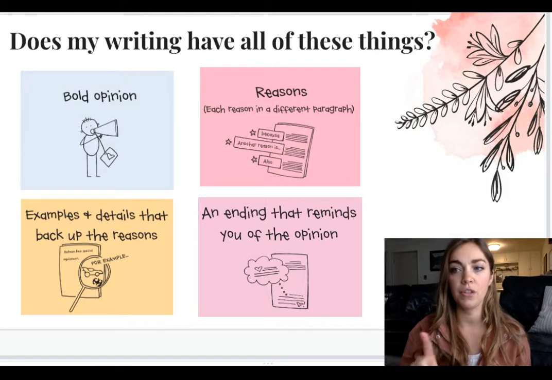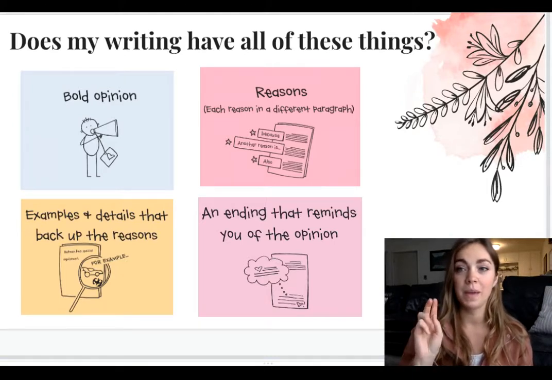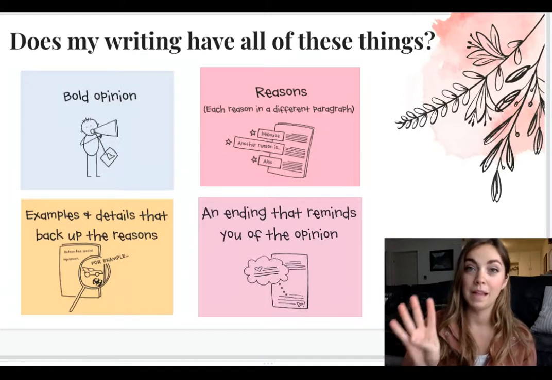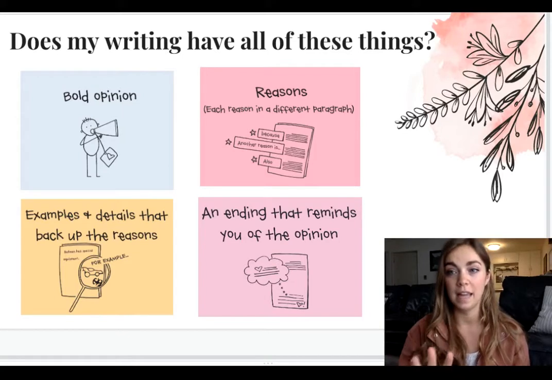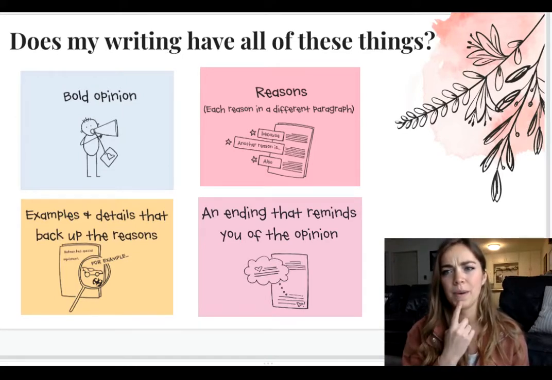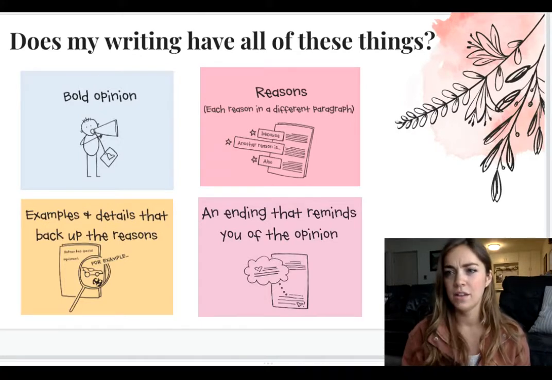We know that the author gives reasons and also examples of those reasons. And we remind the reader of our opinion at the end. So, as you write today, you are going to look at your writing and ask yourself, do I have all of those things? You can use this video and the chart in your learning packet to help you out.